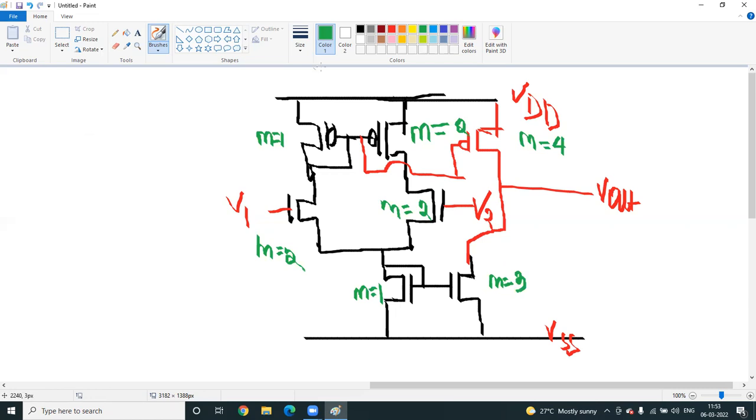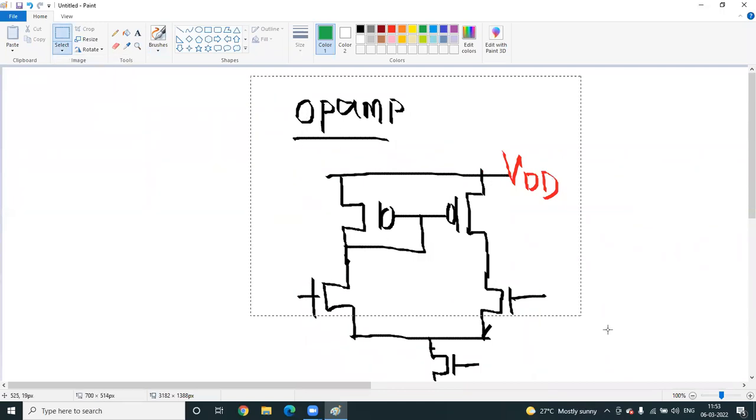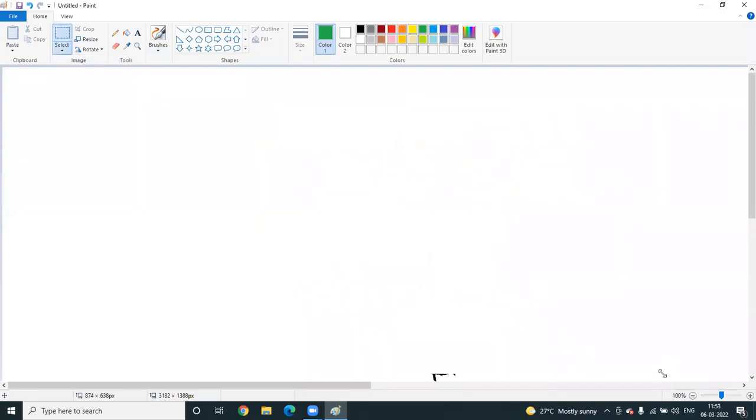They will write M equal to 2, 3, 4. Multiplier means the devices are connected in parallel. So how to do the layout? If you see a current mirror, VT will be the same. Even in the differential pair, VT remains the same. To make VT remain the same, what is the condition we need? The concept of matching comes in.